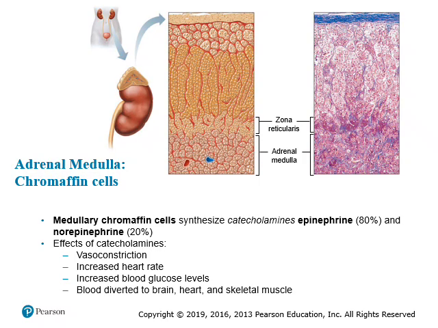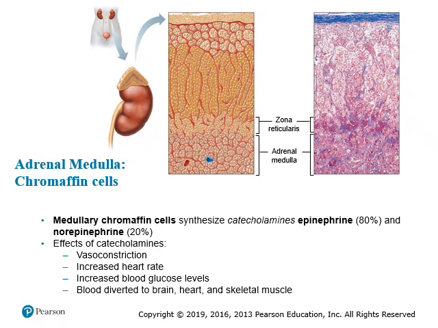These catecholamines usually will result in vasoconstriction, increase in heart rate, increase in blood glucose level, and blood being diverted to the brain, so it increases alertness. It also gets diverted to the heart, so your heart beats faster. And your skeletal muscle will have more blood in it, and therefore you get to be stronger. This is the epinephrine and norepinephrine, your fight-or-flight response.